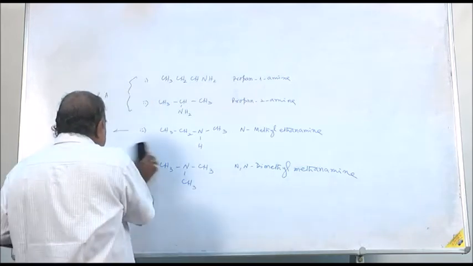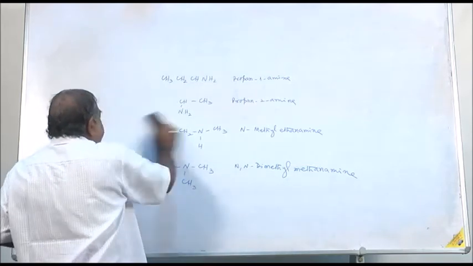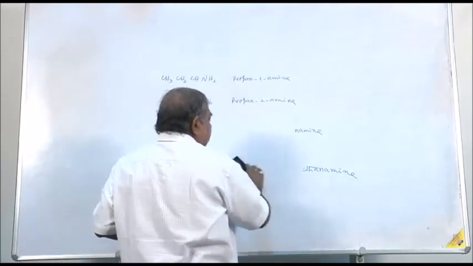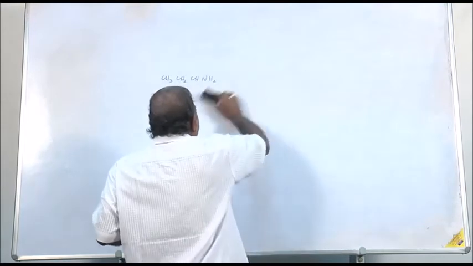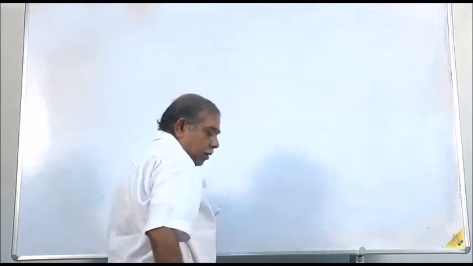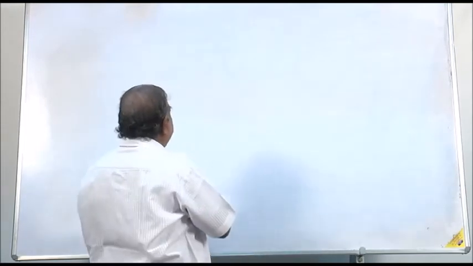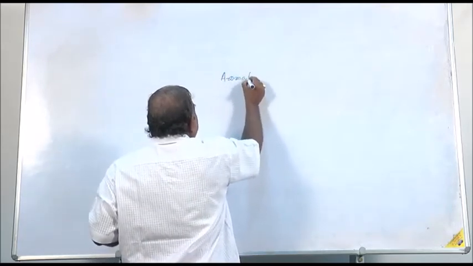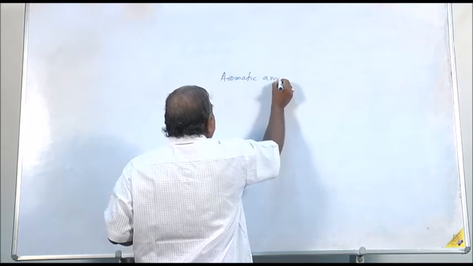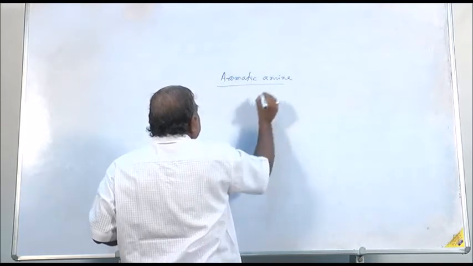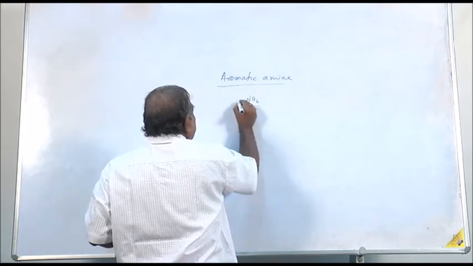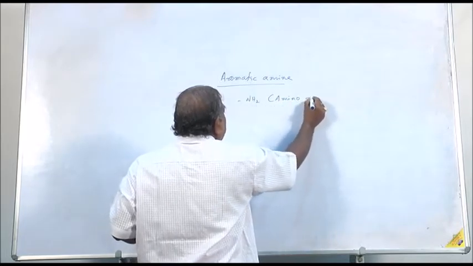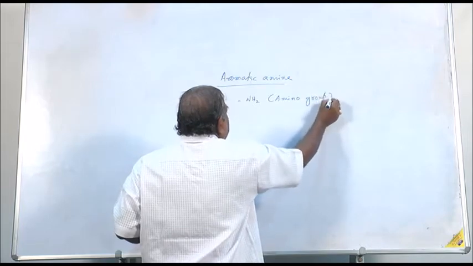So this is what we have discussed in my previous classes. Today we are going to discuss the aromatic amine. In aromatic amine, the amino group, that is NH2 group, is attached to the aromatic nucleus.